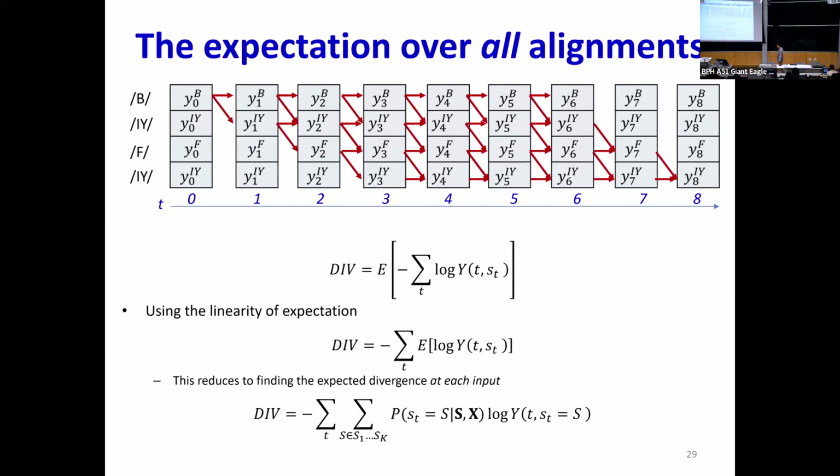So this term over here is the expected, now corresponding to every one of these boxes, there was a probability. So the box over here was the probability that the symbol at time 0, 1, 2, 3 was F, right?